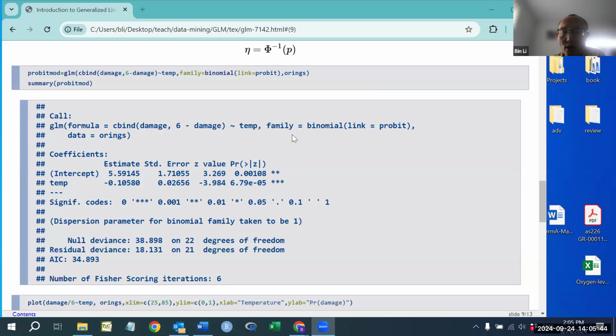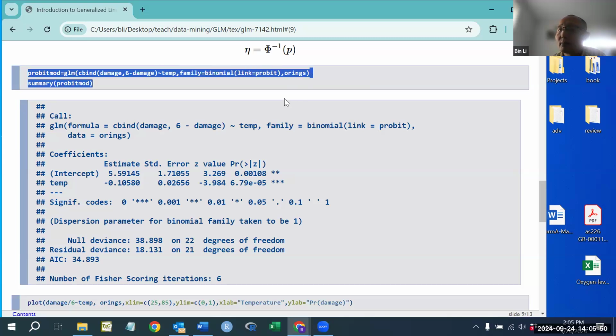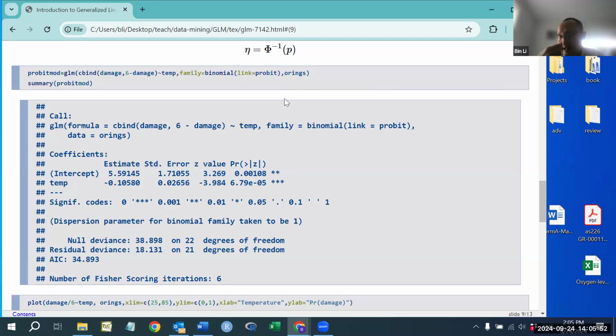If we use the probit, the model statement line is almost the same. The only difference is that the link equals probit. Then R will fit a probit regression model, and you can see the intercept and temperature.